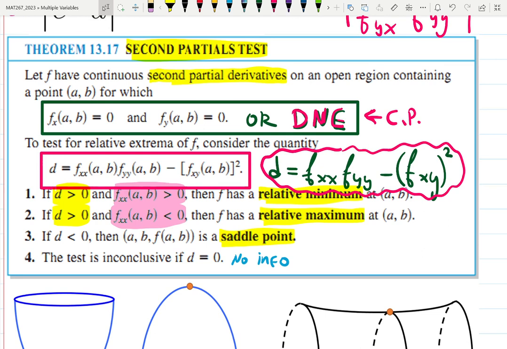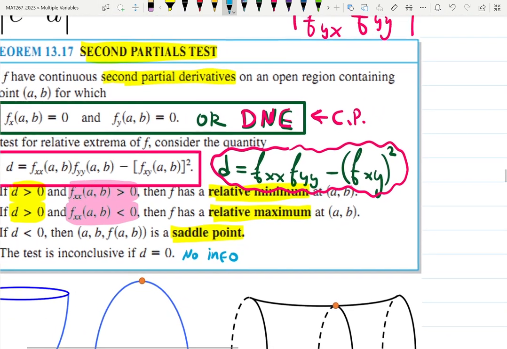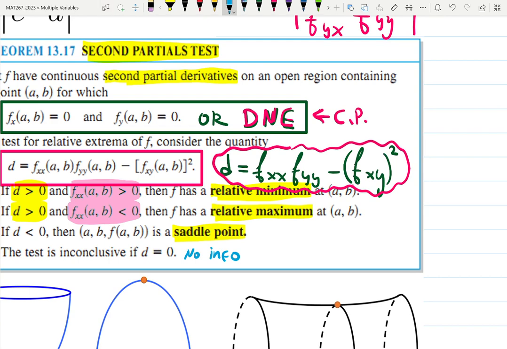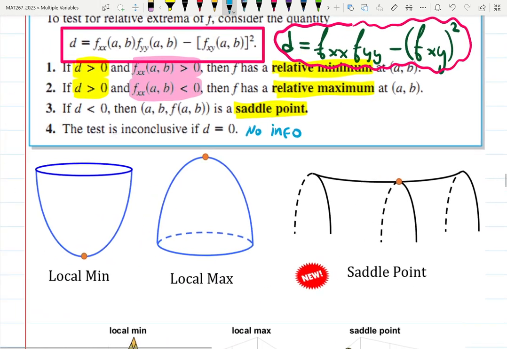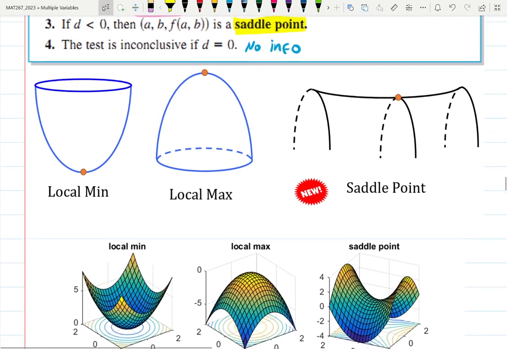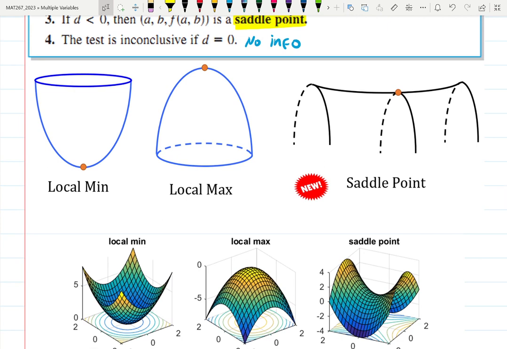Relative minimum. This is how I teach in Calculus 1 class. You might actually appreciate it. Here it is. If it is a local minimum, then D is positive and fxx is positive.